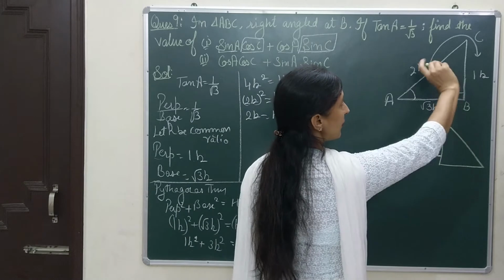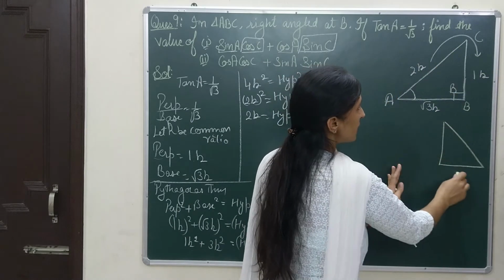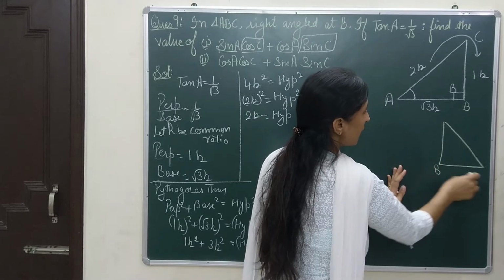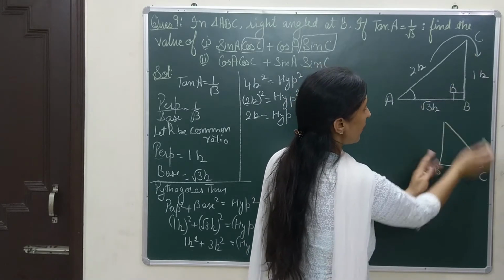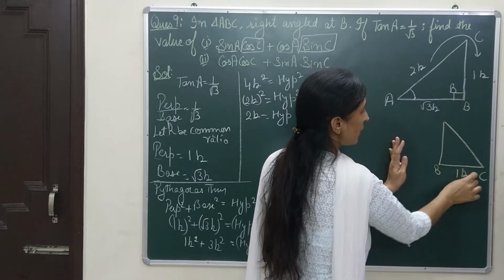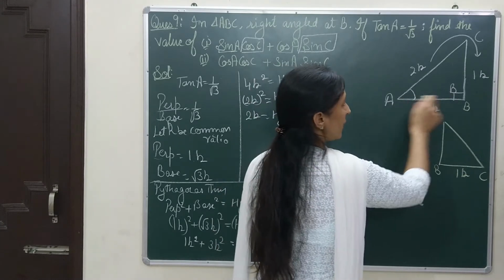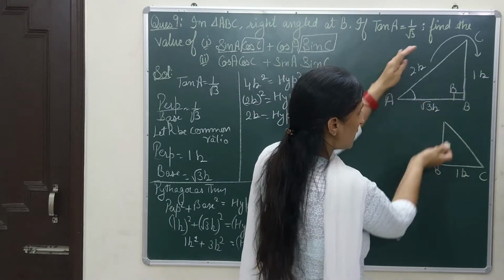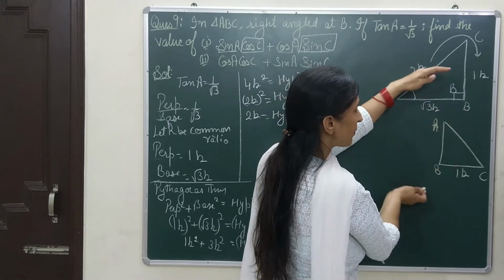So what has happened? When I have revolved the triangle in this direction, this BC has become here on this side. C has reached this point. So the BC line is showing 1K, but it is now in this direction. And AB, when I have revolved, has gone in this direction. That means it has become perpendicular.